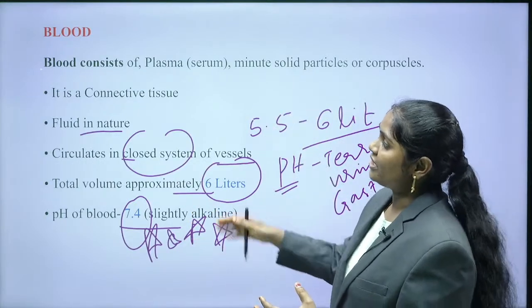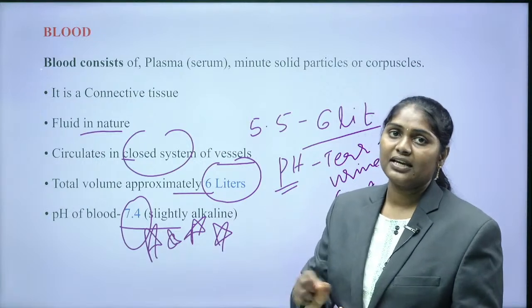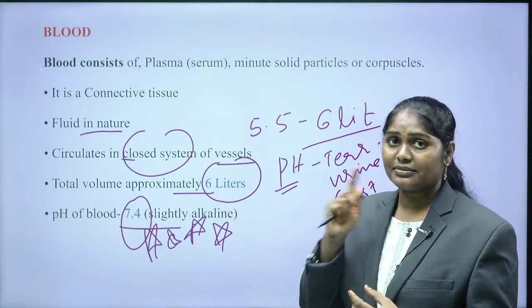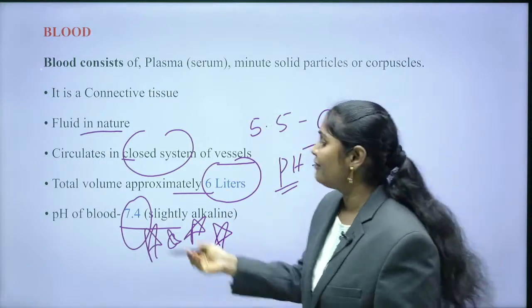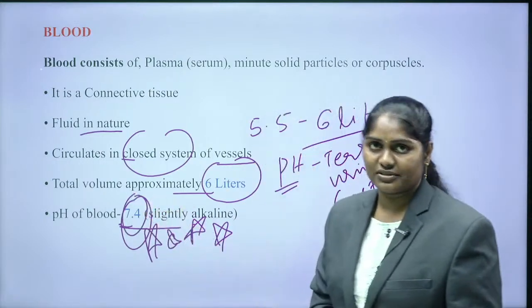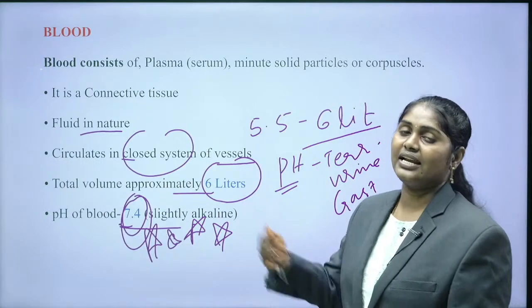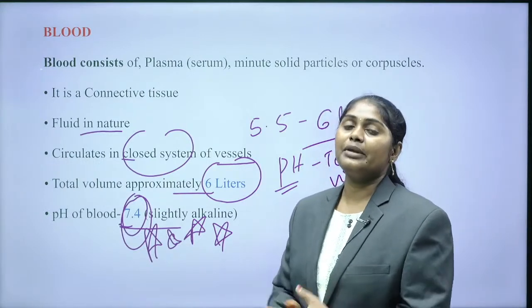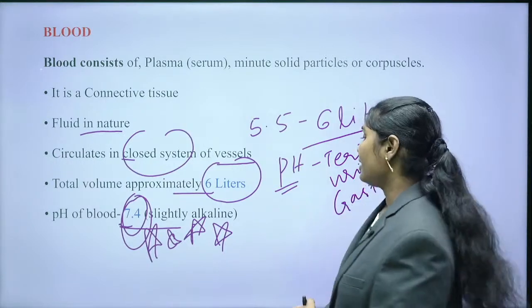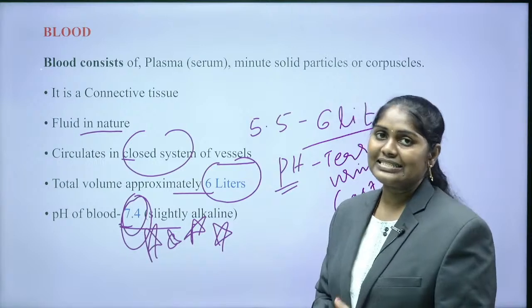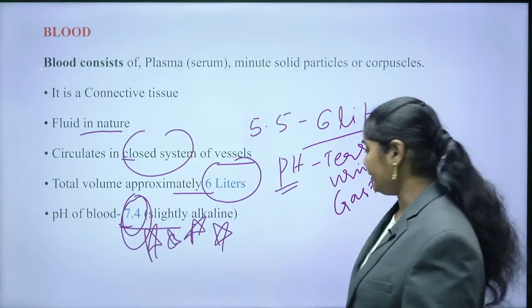From all these topics, which point will be framed as a question? That point you have to understand. Very simple, a number can be framed as a question. They will give you different numbers and ask you the pH of blood. So learn the pH of all different body fluids. The pH of the blood is slightly alkaline, it is 7.4.